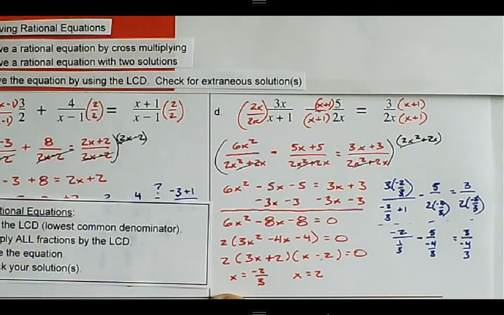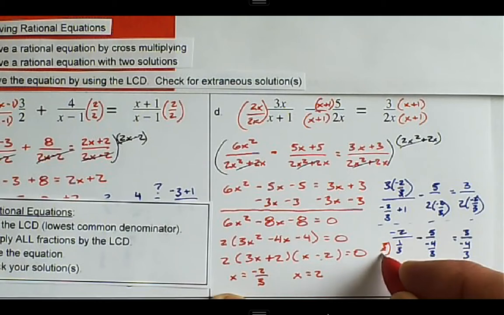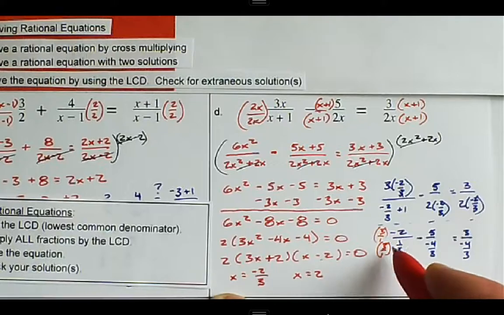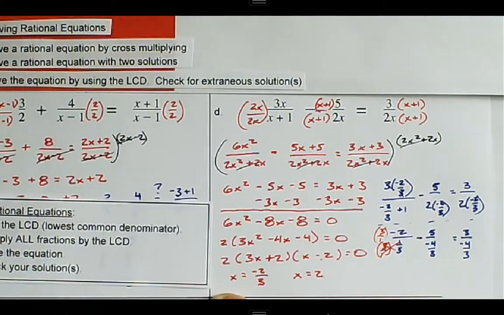And now we want to try to finish this up. So -2 divided by 1/3, if we multiply by the reciprocal, so if we multiply by 3 over 1, the denominator cancels, and we're left with -6. And we'll do the same thing here.